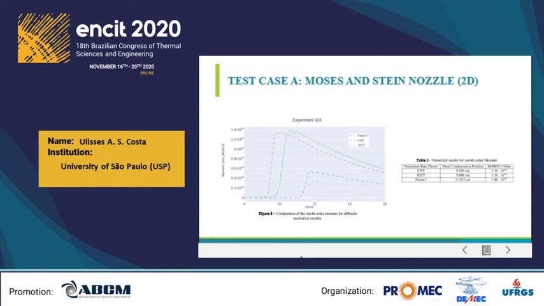Figure 8 represents a comparison between the zero order moments for different nucleation models. As previously stated, the moment represents the total number of liquid droplets per unit mass of mixture, and its result is intrinsically linked to the nucleation rate.